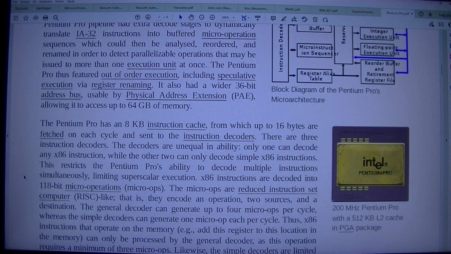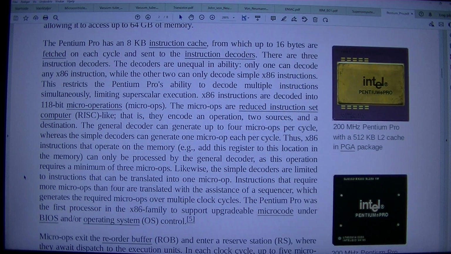The Pentium Pro has an 8 KB instruction cache, from which up to 16 bytes are fetched on each cycle and sent to the instruction decoders. There are 3 instruction decoders. The decoders are unequal in ability. Only one can decode any x86 instruction, while the other 2 can only decode simple x86 instructions.